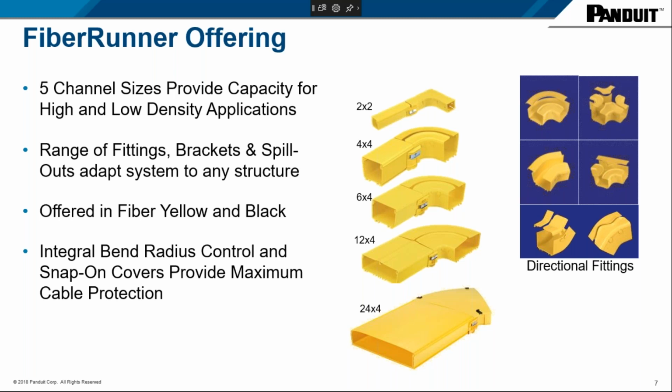FiberRunner is offered in yellow and black, with yellow being the one that's most widely used and most widely recognized as the fiber product. And again, I'm highlighting the importance of proper bend radius control as you're working with this.